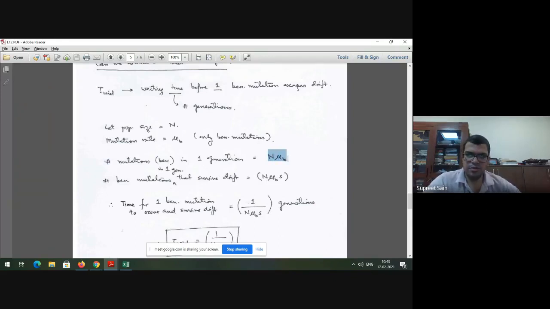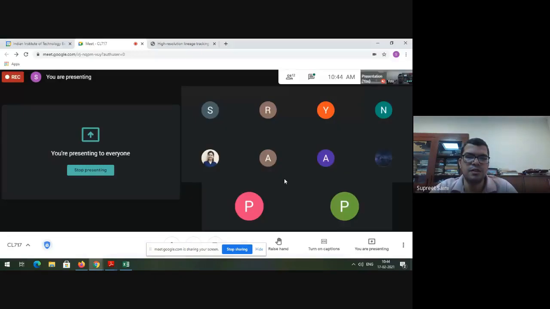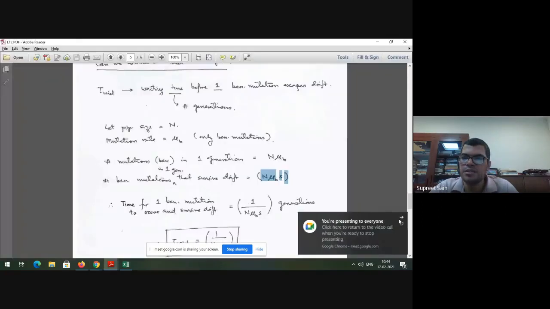With probability 1 minus s, these mutations are lost because of drift. So of all the beneficial mutations occurring in one generation, the ones that survive drift number only N mu b times s. Does that make sense?